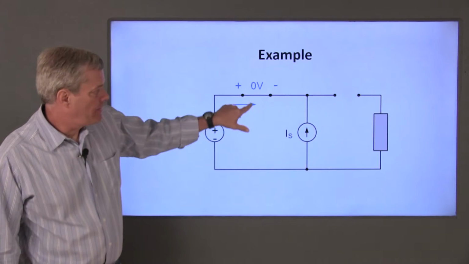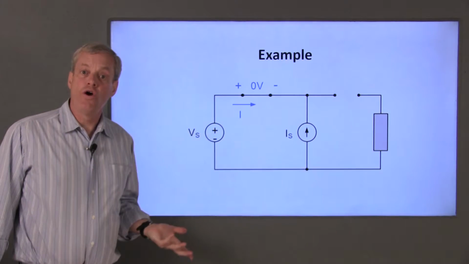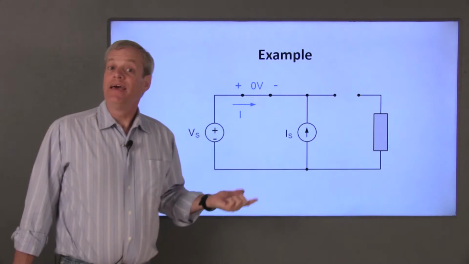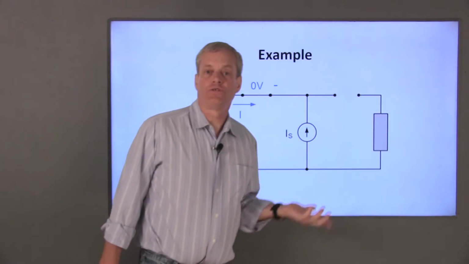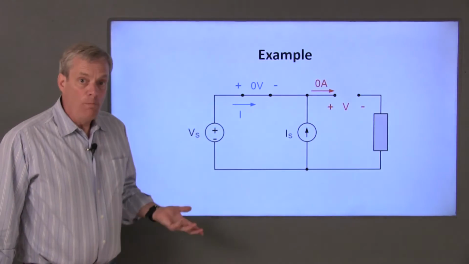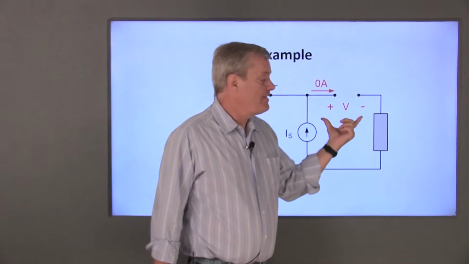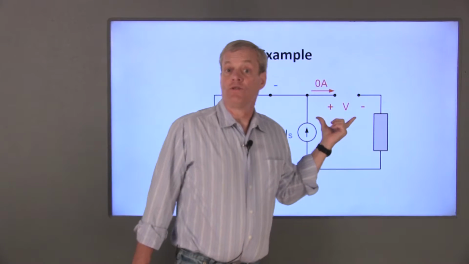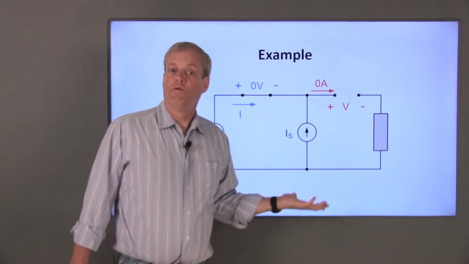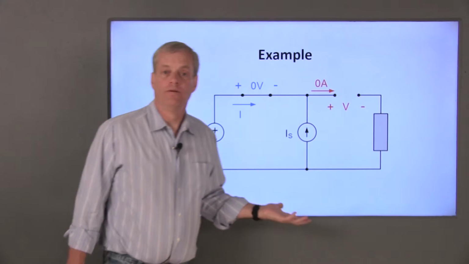That simply means that this current remains an unknown when we analyze the system, and its value will depend on the other circuit components. For the open circuit, we know that the current here is 0, but we don't know anything about the voltage difference. So the voltage difference is an unknown when we perform a circuit analysis.